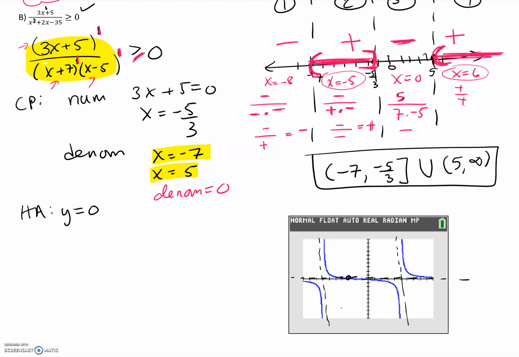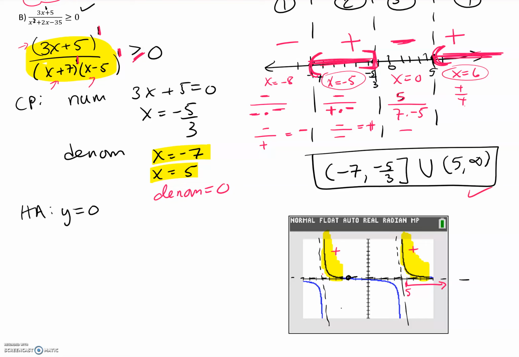In any case, we're looking for stuff that's greater than or equal to 0. So we're looking at when this graph is positive, above the x-axis. Those are the only 2 regions I see that are above the x-axis. Hence, the y values are positive. And the x values that cause those y values are basically from here on, which happens to be from 5 to infinity, like we have here.